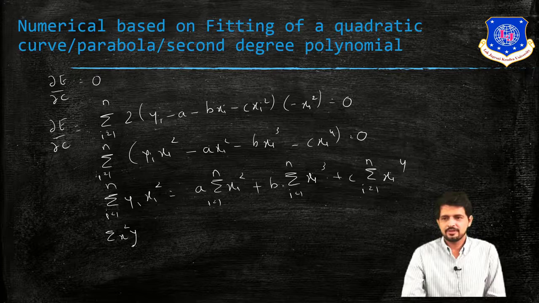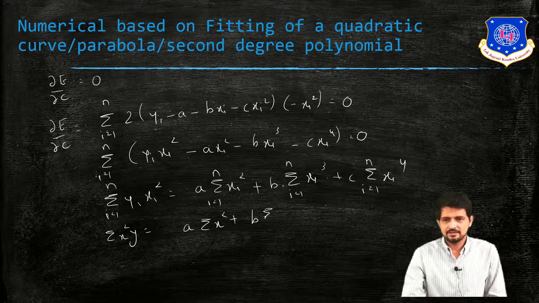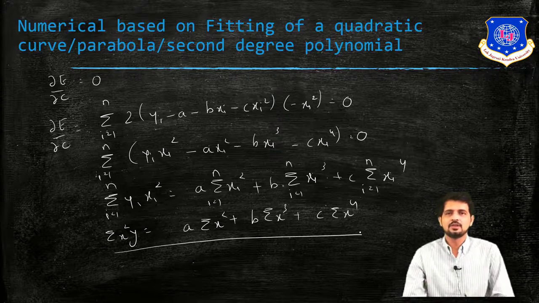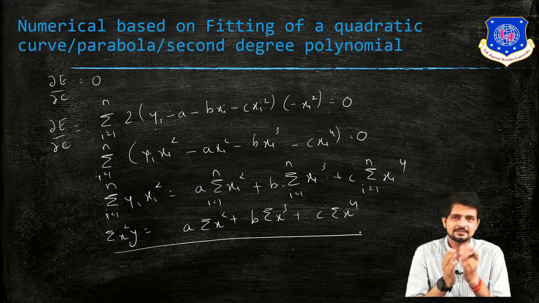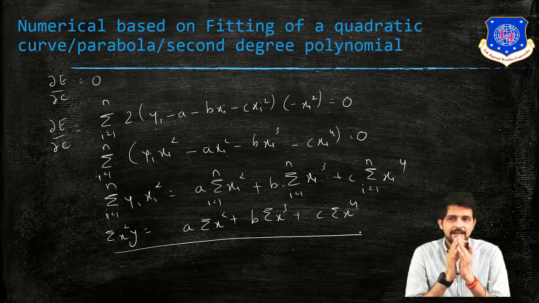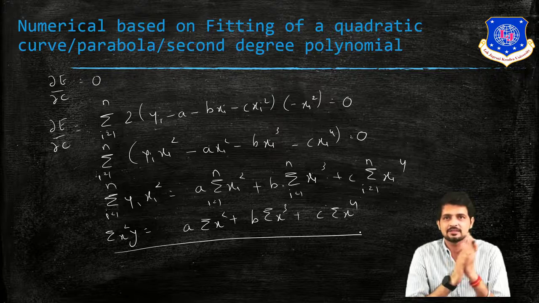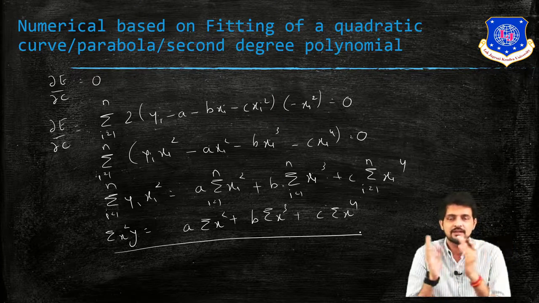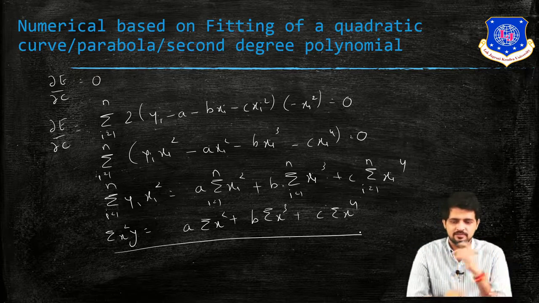See, if we write the generalized formula, it can be written like this: a into sigma x square, b into sigma x cube plus c into sigma x raised to 4. So this is the third equation. So by solving all these three equations, we can get the three parameters a, b and c, and by placing these three parameters in y is equal to a plus bx plus cx square, we can get the final equation.